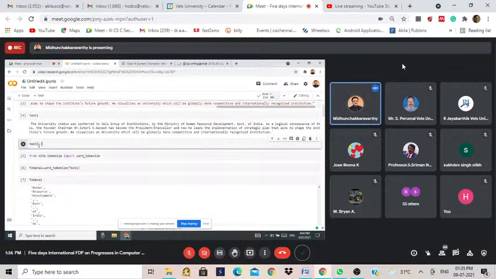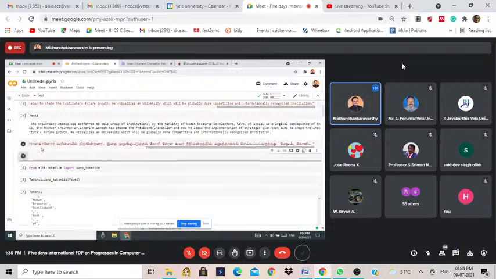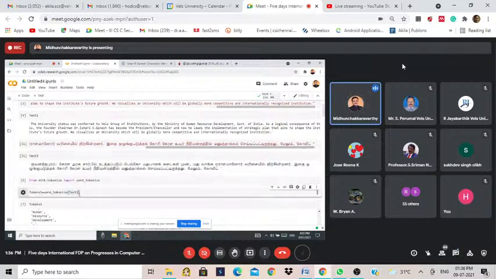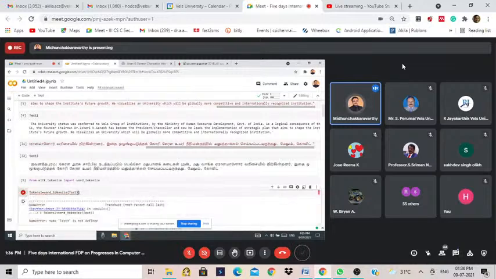Text 3 equals, so this is the Tamil paragraph. I just enter the text. This is a paragraph. Now, let me take the tokenization of text 3. So it gives the tokenization process.